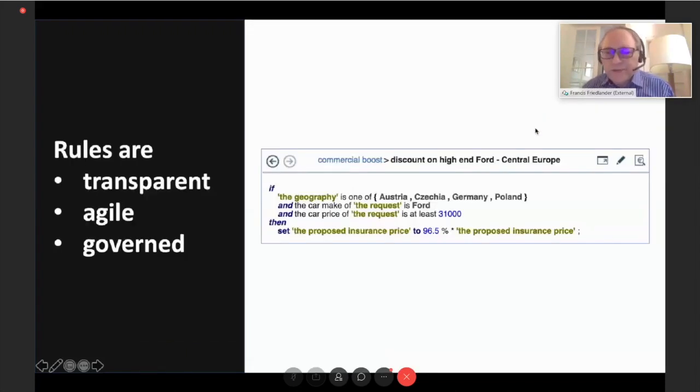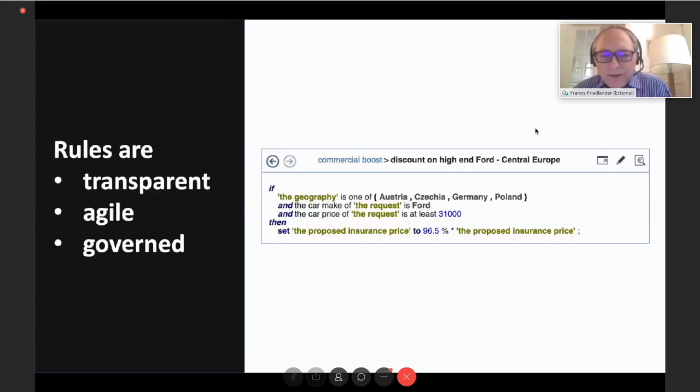So let me first introduce this concept of business rules. When you have to make a complex pricing decision, you have to take into account risk, you have to take into account regulations, you have to take into account also commercial things.